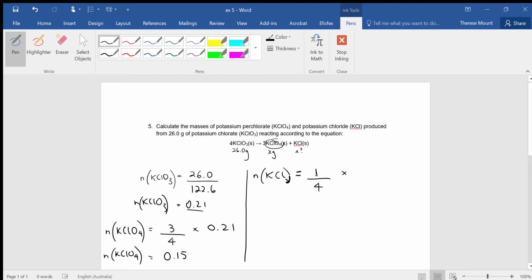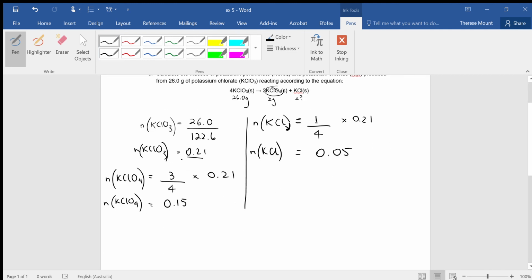And because this was my known in my ratio, I take this value for the mole, which I figured out here, 0.21. That value comes to 0.05, and that's the mole value of my potassium chloride.